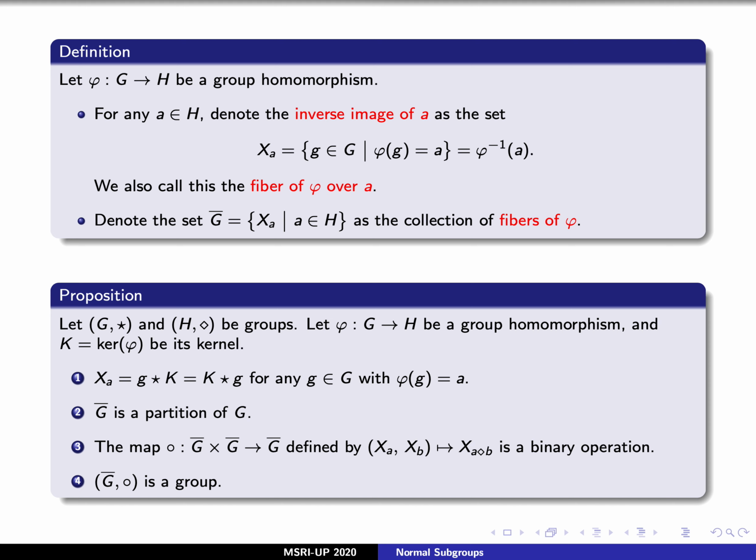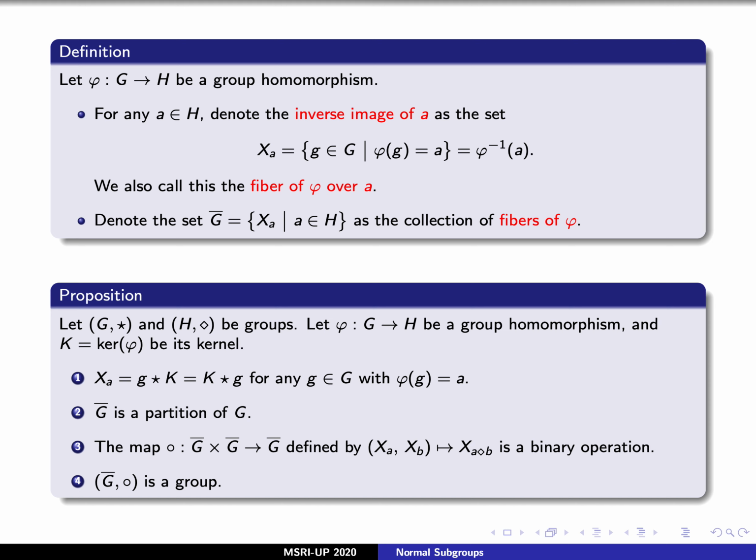Let's let G, along with the binary operation star, and H, along with the binary operation diamond, be two groups. And let's denote capital K as the kernel of a group homomorphism from G to H. We have four statements. First, we can always write each fiber X_a as a left coset and a right coset.